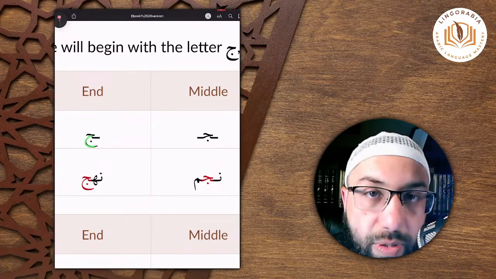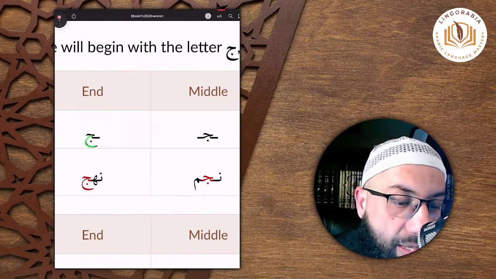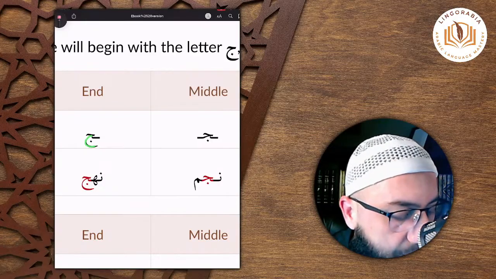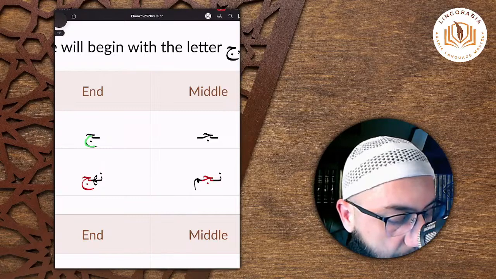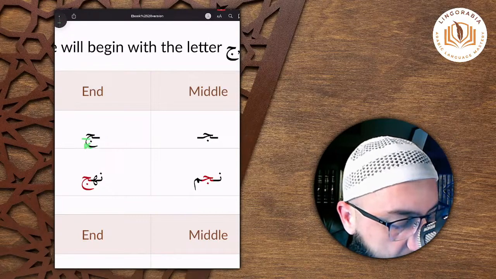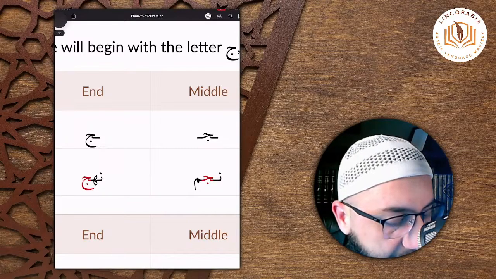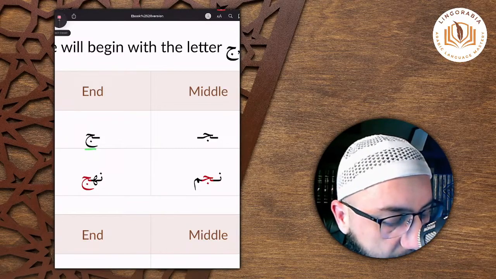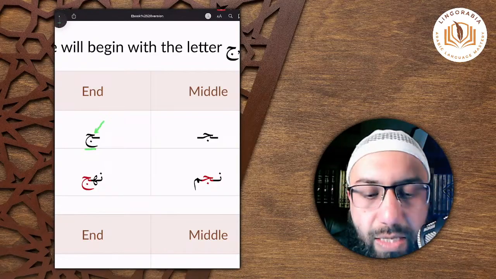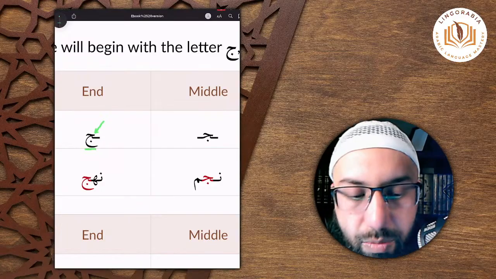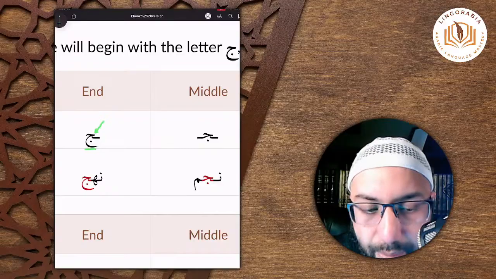There is no need to remove it because we don't connect it with anything that comes after, because it's the last letter. So we just write the whole letter as a whole. The only thing different between this and the isolated form is that it is connected on the right side, with the letter before, as it should be, because these letters always connect with the letter before.